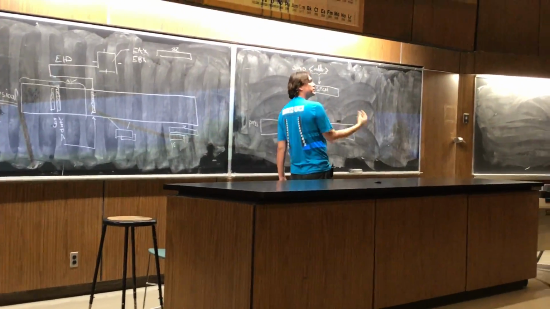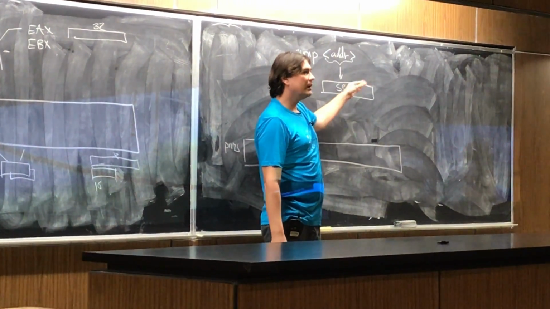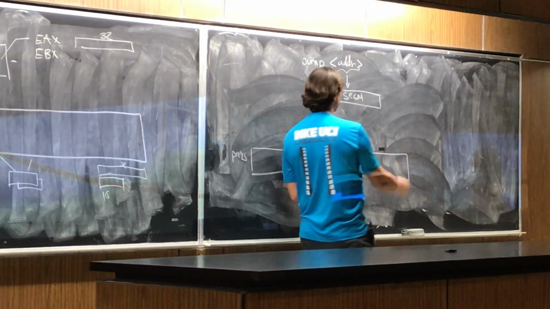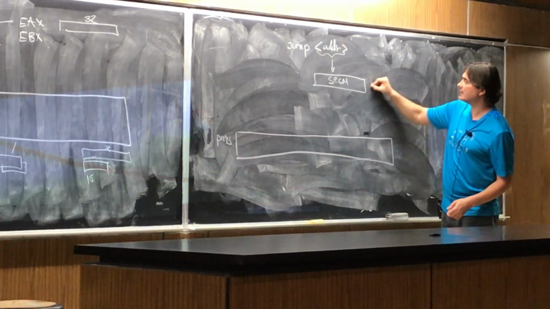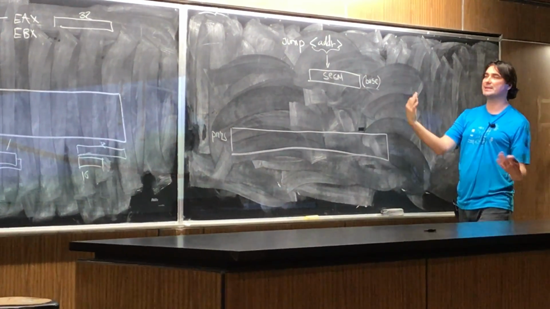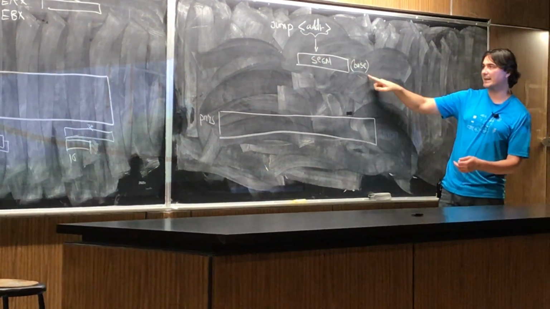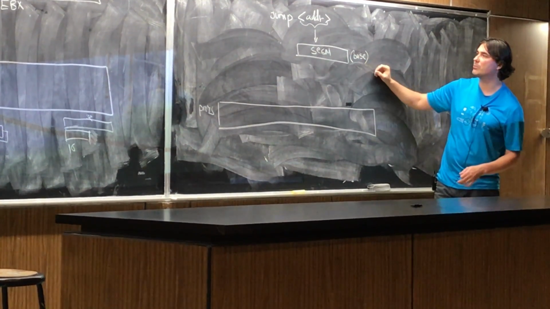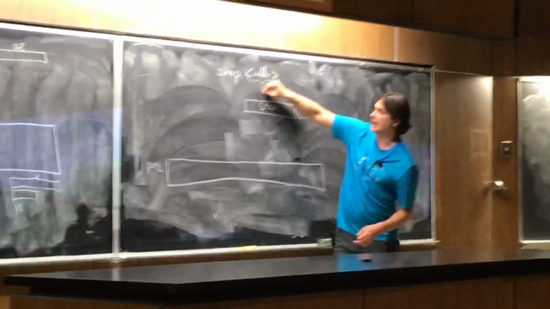Segmentation will change the value of this address, and it will shift it. Roughly speaking, it says, I have a base, some value. I don't want to go into the details of how base works right now, but let's assume there is just a value base. And what happens is that base gets added to the address.